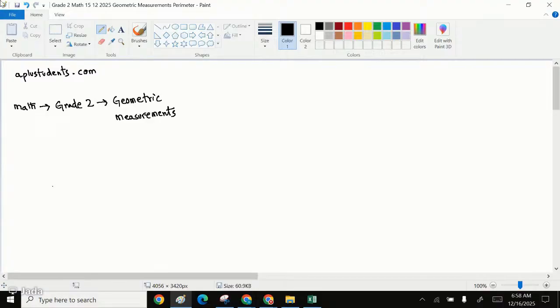So let's see what perimeter is, okay? So once you've clicked geometric measurements, lesson number 1, perimeter. Once we click on perimeter, I'll just first explain to you what perimeter is, okay?